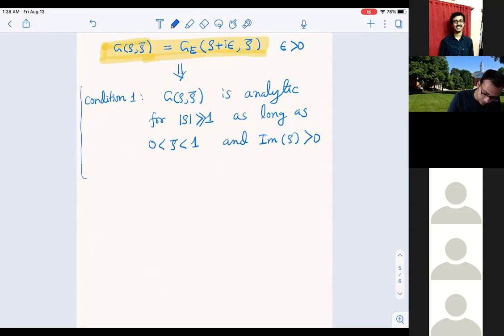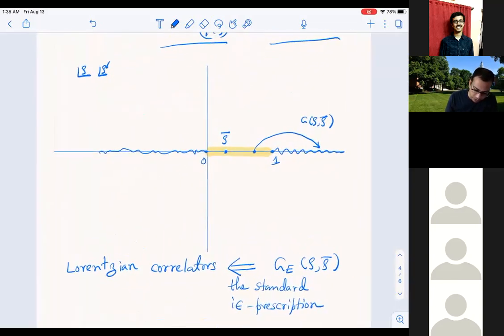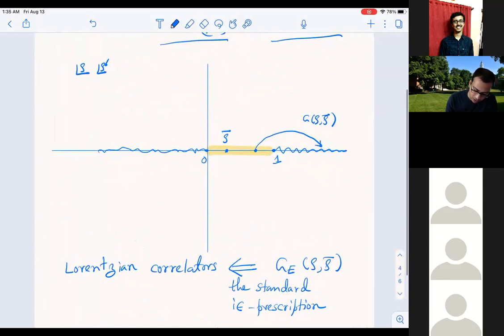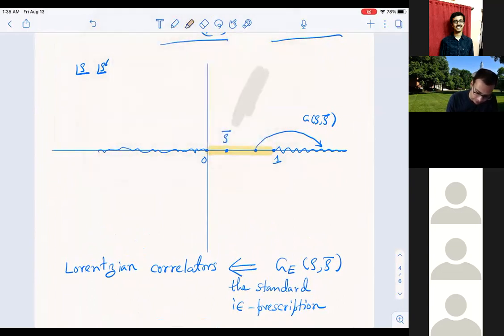So this is condition 1. The reason is, if you keep the imaginary part of rho positive, that means you are in this regime.